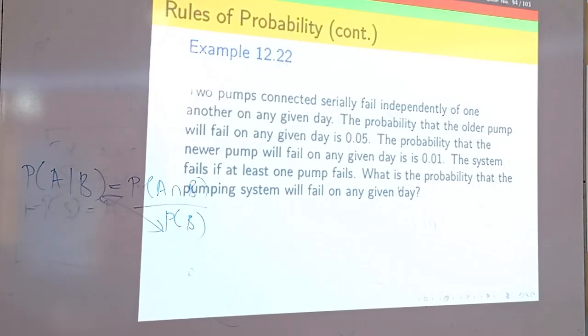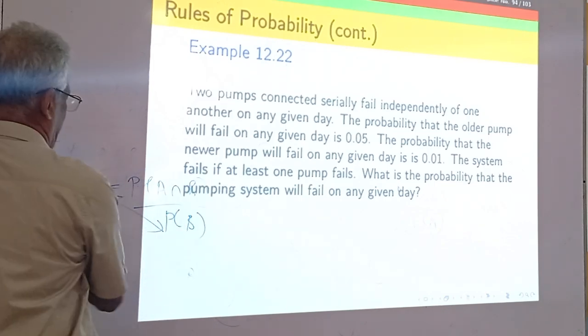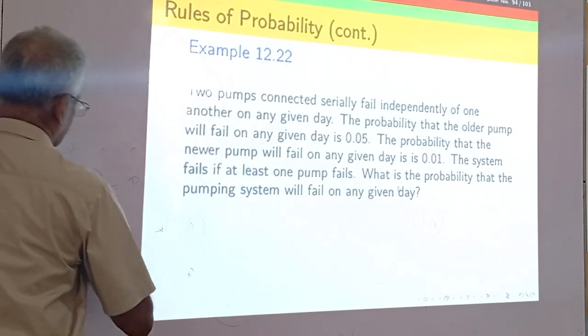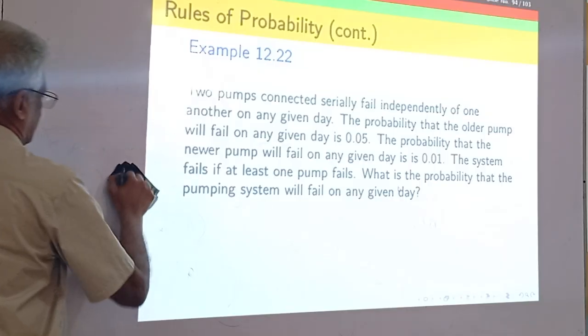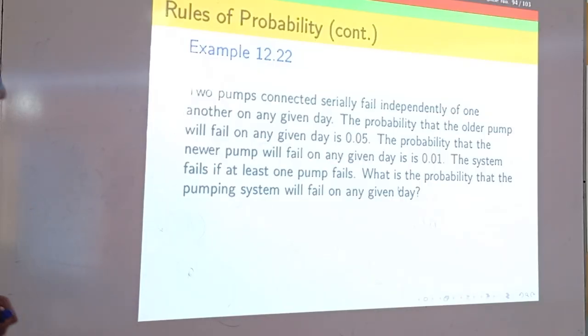Now let's apply those three rules and get this simple probability. Two pumps are connected serially and fail independently of one another on any given day.